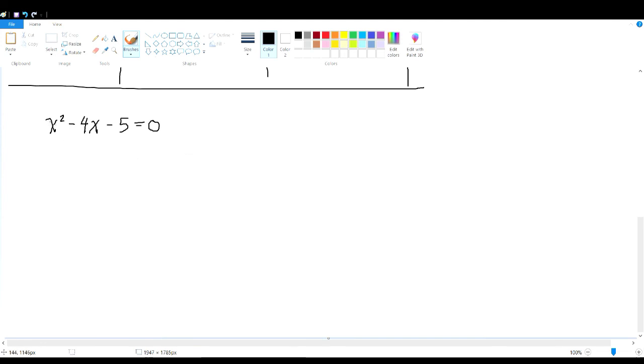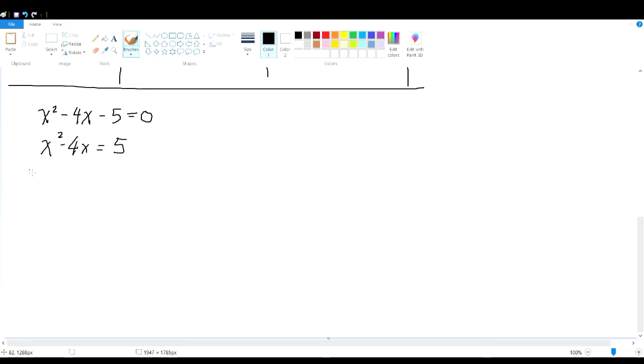So, how will you solve this one using completing the square? Same rule. Separate mo muna yung last term, which is c. Lipat mo sa kabila. You have x squared minus 4x is equal to positive 5.